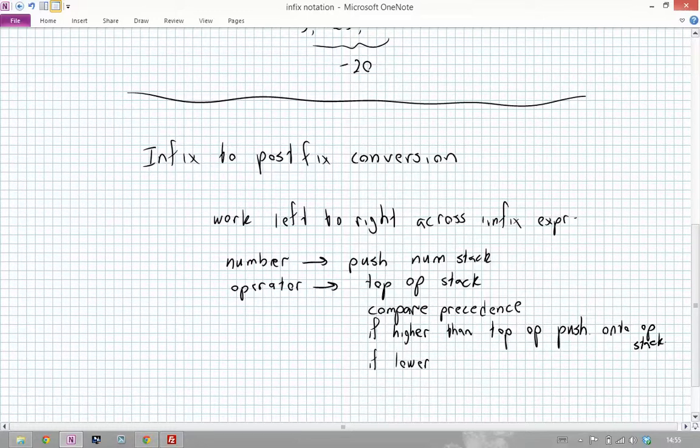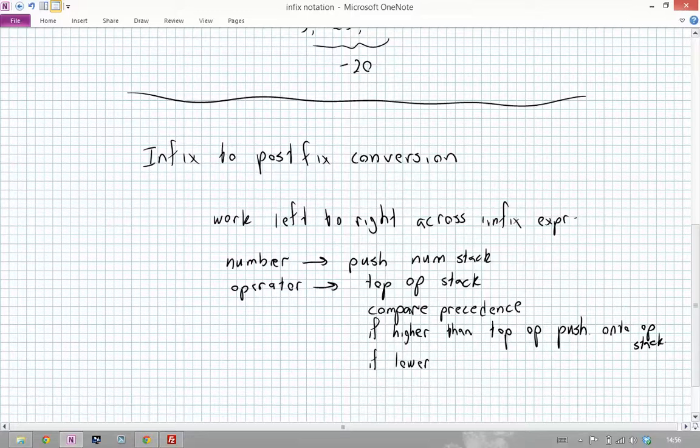If lower, then the thing that I'm holding in my hand happens before or after the top op? After. So that means I have to execute the top op before I can push the one in my hand onto the stack. I have to execute the top op and then look at the next one and see if it's higher or lower precedence.